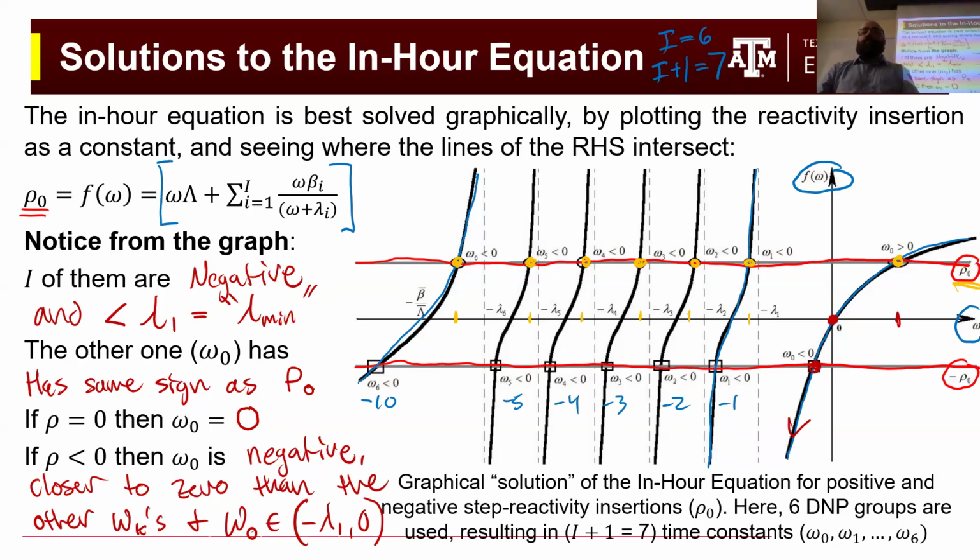The point of thinking about these time constants this way is that the omega zero solution is always going to dominate, because it's the algebraically smallest in magnitude. If the insertion was negative, it's going to be the last one to die away. And if the insertion is positive, it's going to be the only one that's positive, and all of the others are going to die away as t goes to infinity.